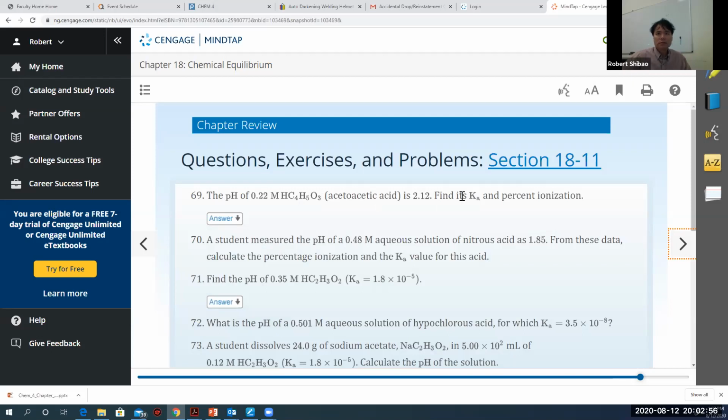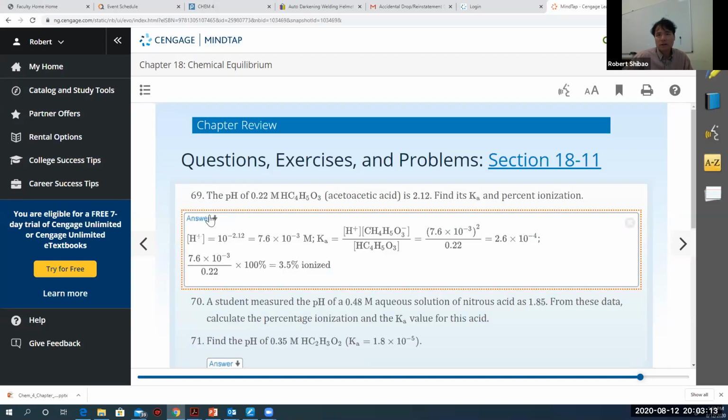Okay, this is something called Ka. Ka we also skipped, and this is the pH of this acid here, 0.22 molar. And how the acid changes the pH, they're using H+, so I'm going to use H+ too.